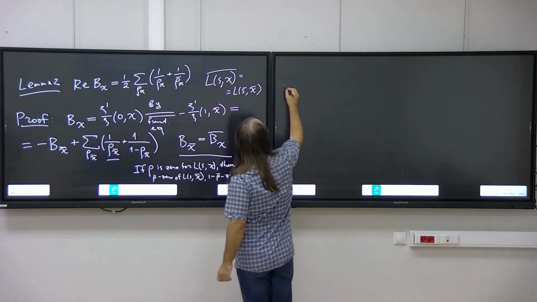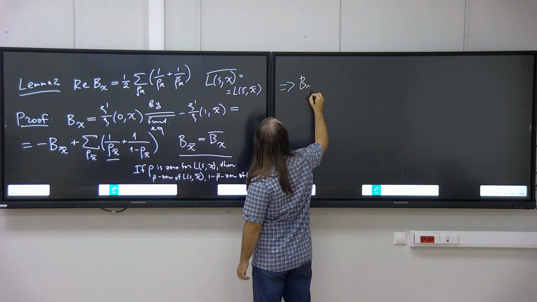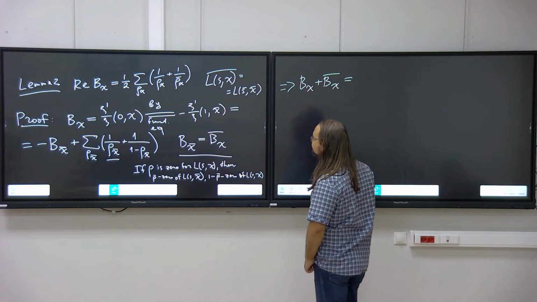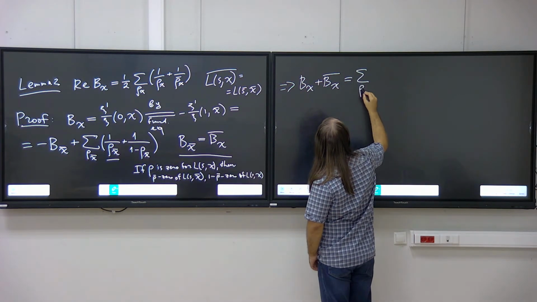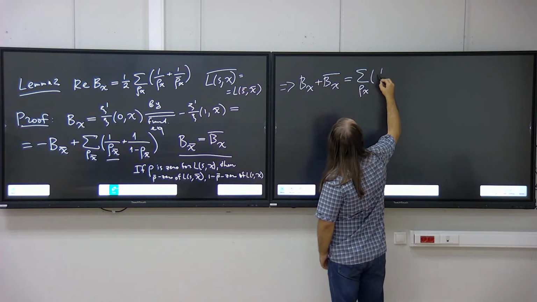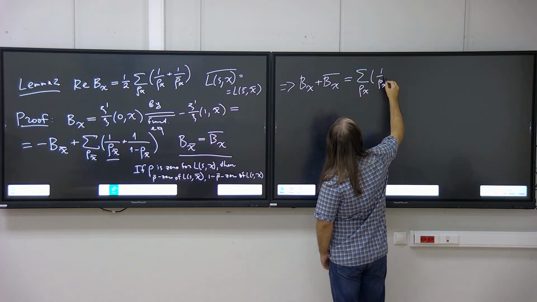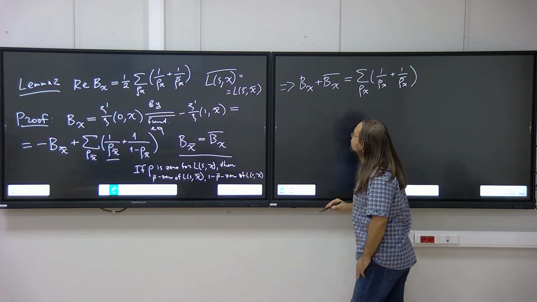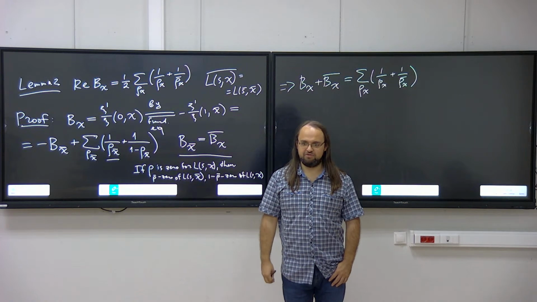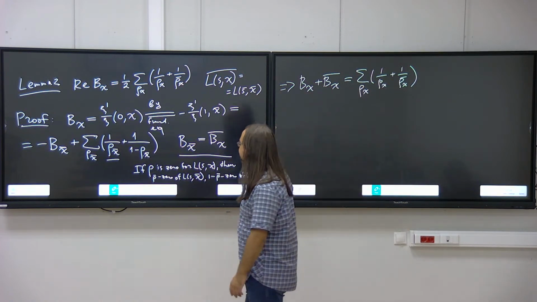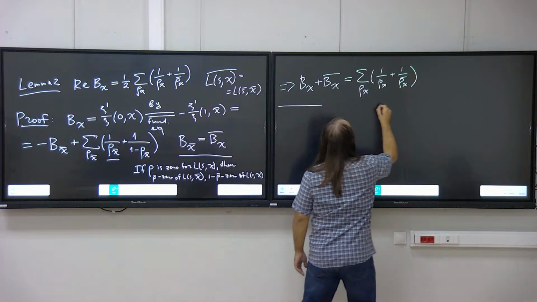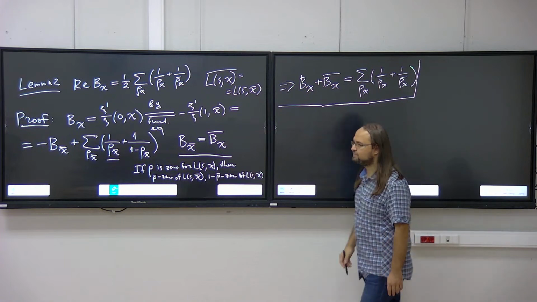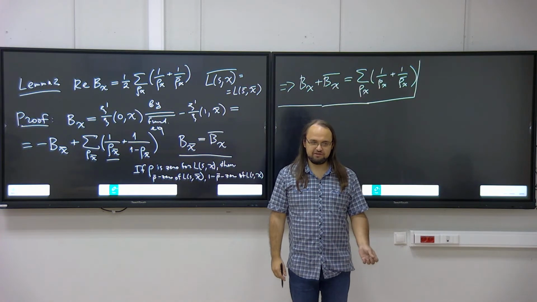So we have b chi plus b chi bar equal to the sum over all rho sub chi of 1 over rho sub chi plus 1 over rho chi bar. And this is exactly what we needed to prove, right? That's it.